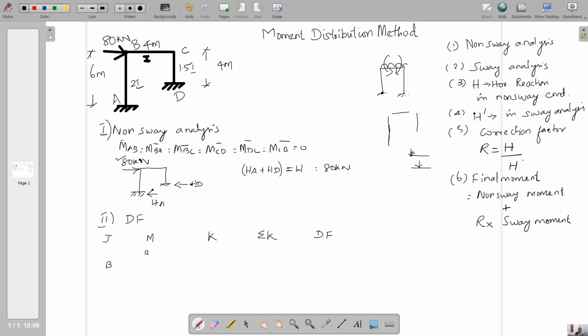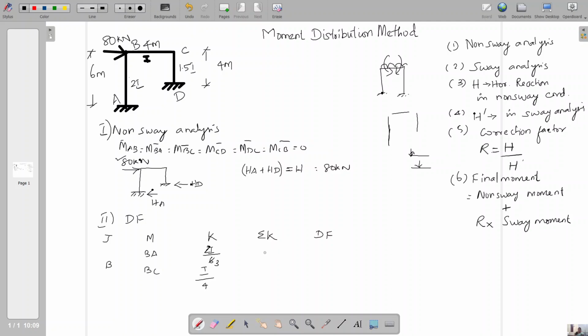First, B. The members are BA and BC, and K is, since both B to A as well as B to C are the rigid condition, that is fixed support, we can write I by L. Here BA, I is 2 times I divided by L, which is 6. B to C, I is only I divided by length, which is 4. And if you cancel, it is 3.